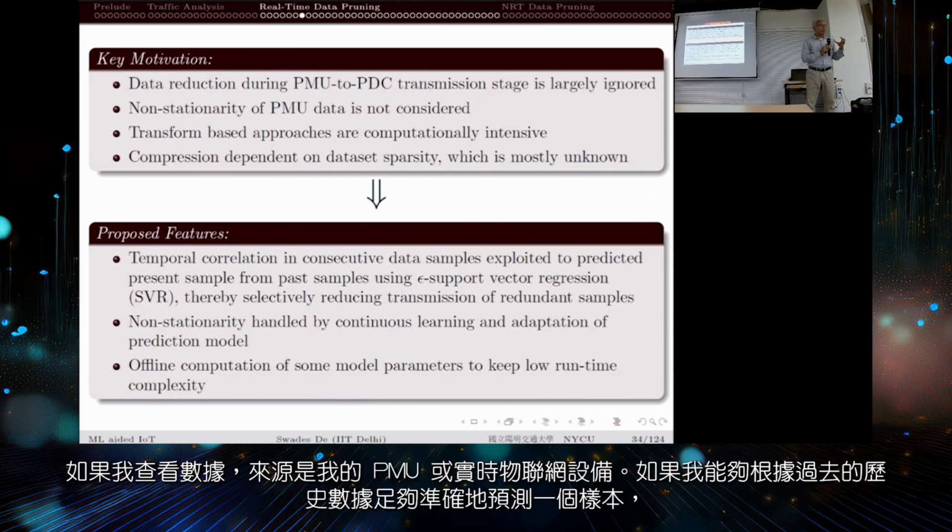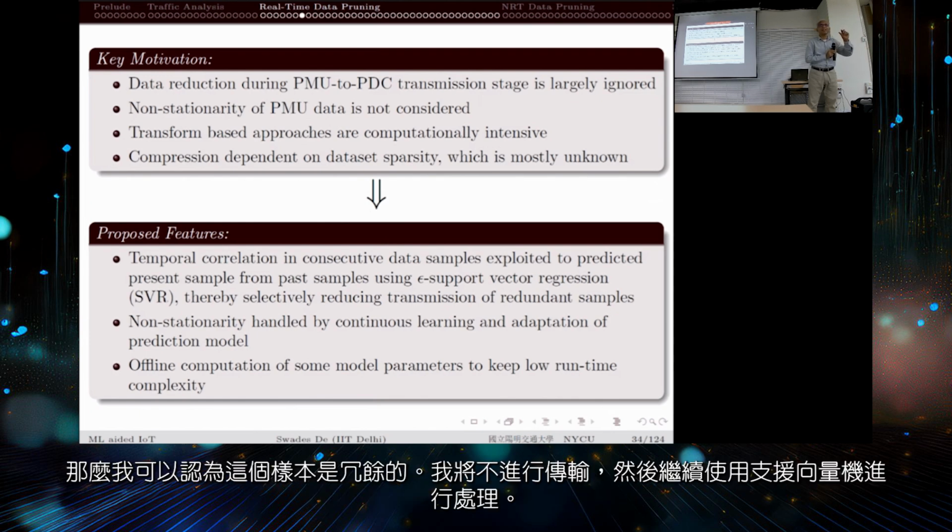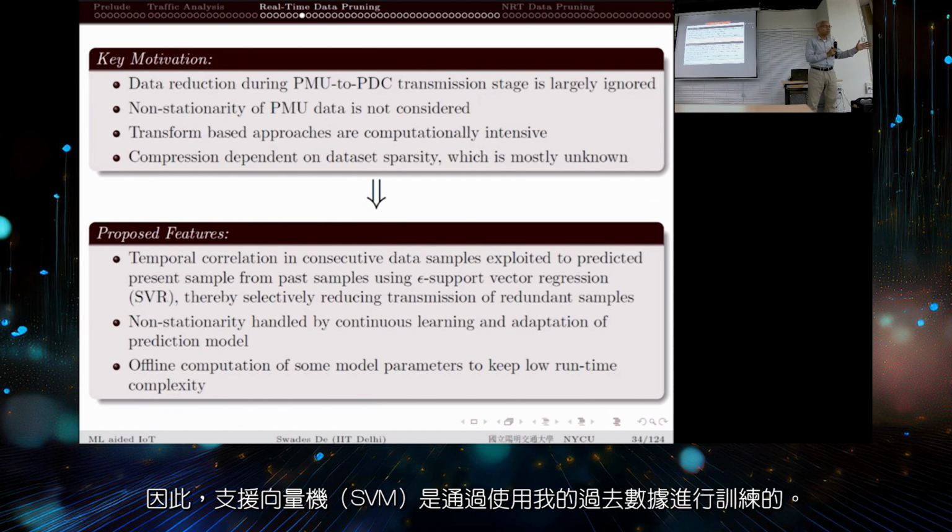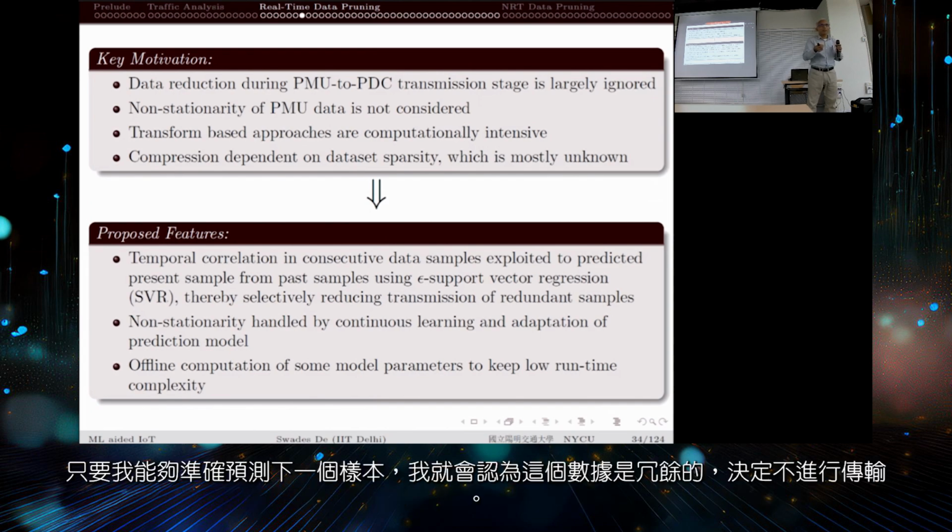At the source, my PMU or real-time IoT device, if I can predict a sample from the past history within a certain accuracy, then I say that this sample is redundant and I will not transmit it. The support vector machine is trained using my past data, and as long as I am able to predict the next sample, I decide the data is redundant and do not transmit.